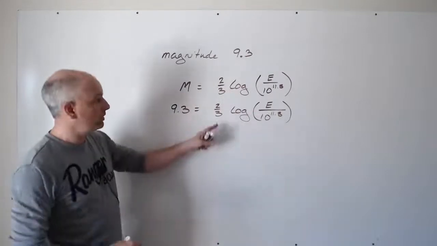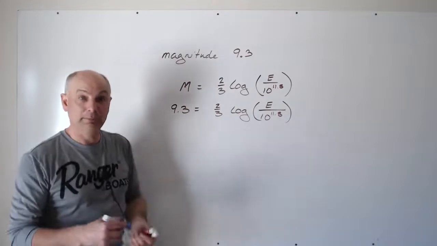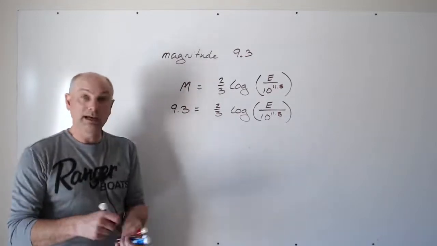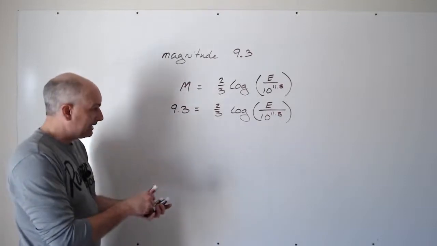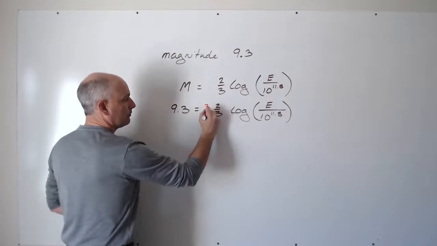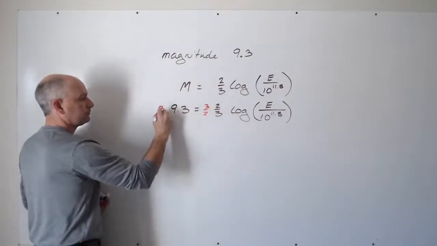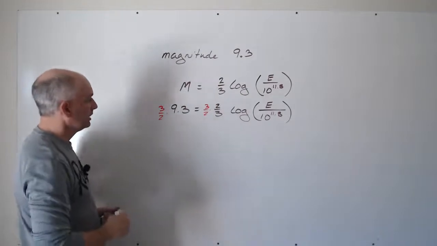The first thing we're going to do is divide by 2/3, or maybe better would be to multiply by 3/2. So again, I'm just going to be multiplying by 3/2.